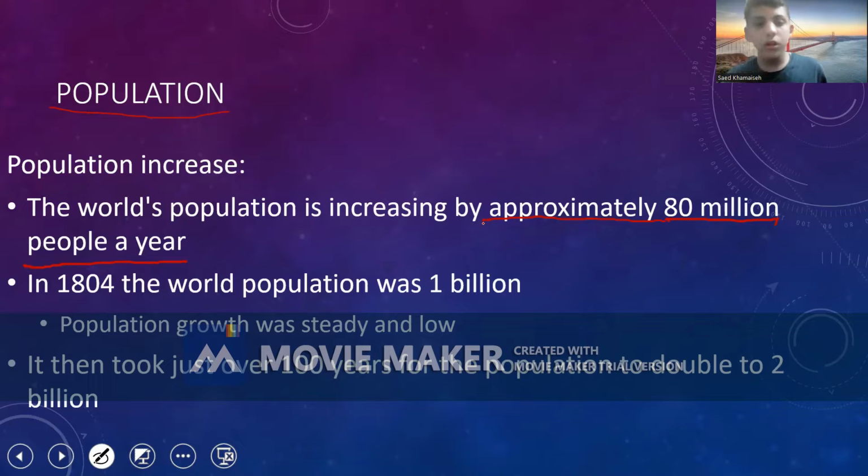That is important because in 1004 the world population was 1 billion. What was the population growth at that time? It was steady and low. There are some notes that we can use to summarize the lesson.